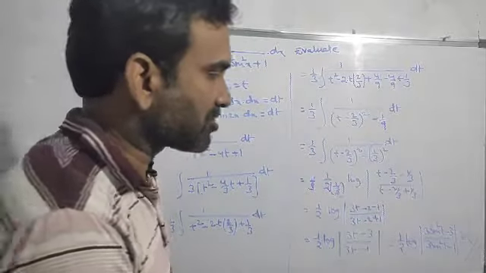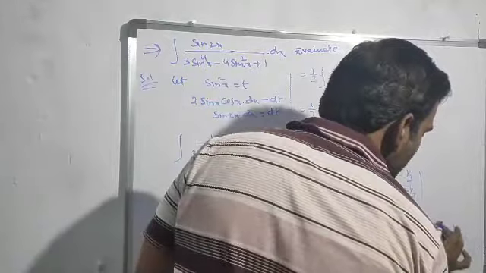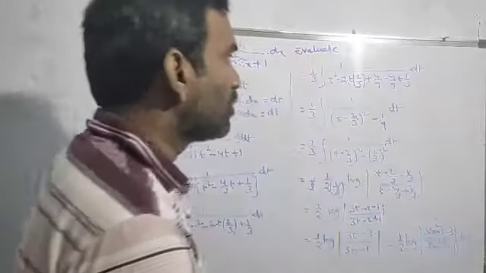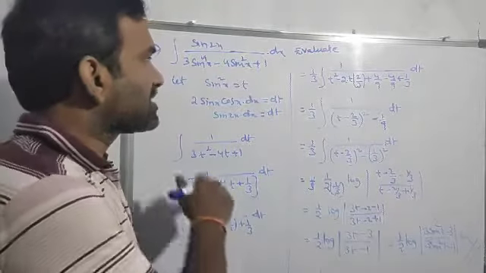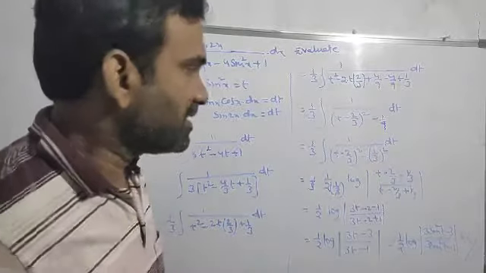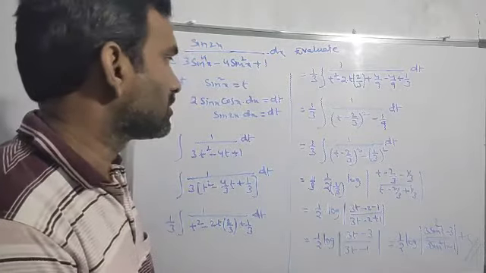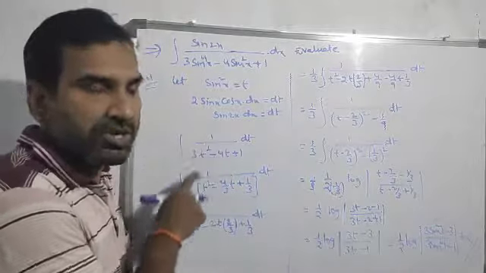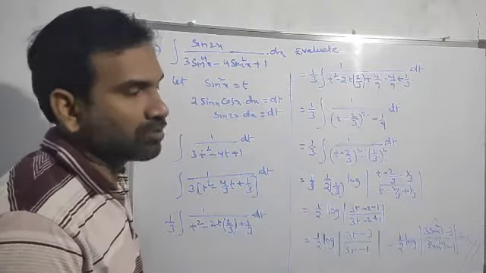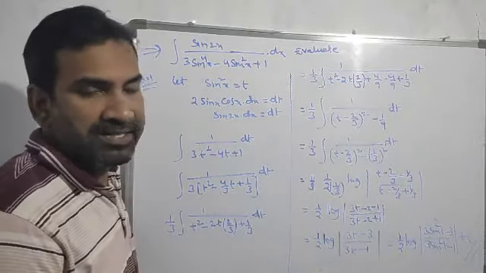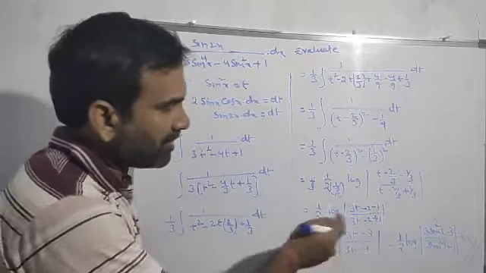In the last step, you have to substitute this value. So this is our procedure. Here I am using the substitution process and formula also. I am just applying the formulas we already revised.